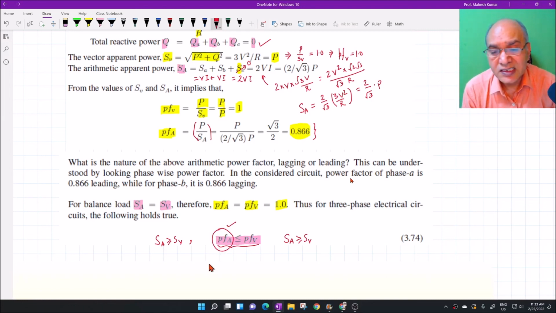In the next class we will discuss one more apparent power, that is called effective apparent power, and we will find out the power factor based on the effective apparent power. We will see that the power factor based on the effective apparent power is much more practical than the arithmetic apparent power.